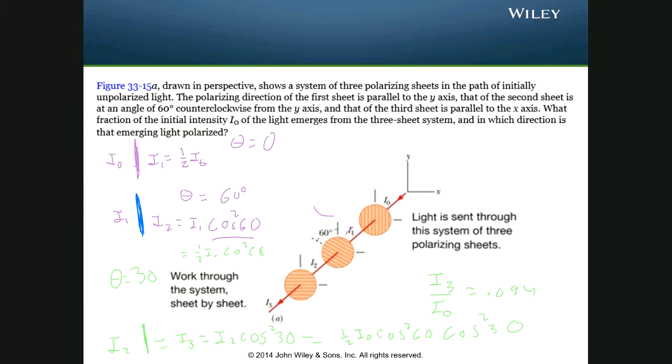So in the end, you get I3 equals I0... not quite. You're off by an order of 10, because it should be 9.4%, so it should be 0.094, not 0.93. It should be 0.09375, not 0.9375. All right, that makes sense.